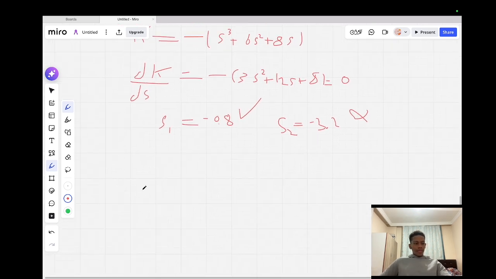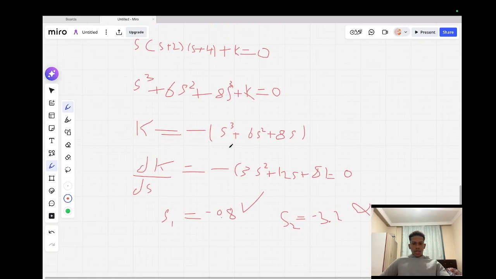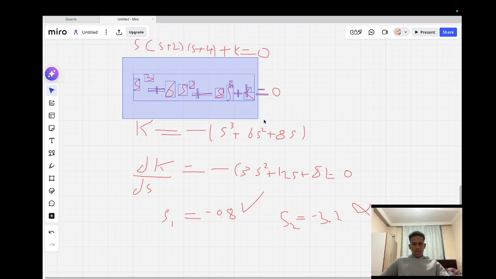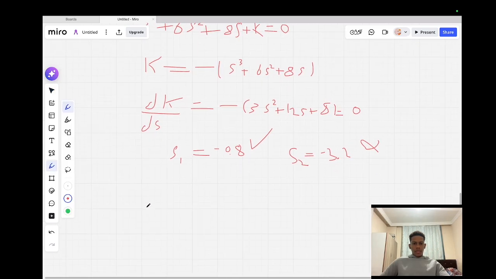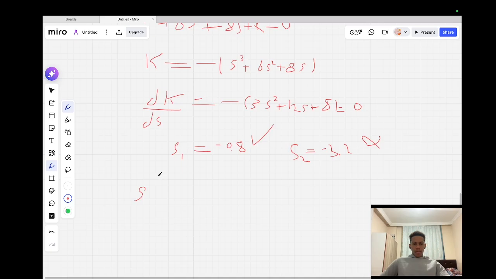After that, we can rewrite it: s cubed plus 6s squared plus 8s plus k equal to 0.